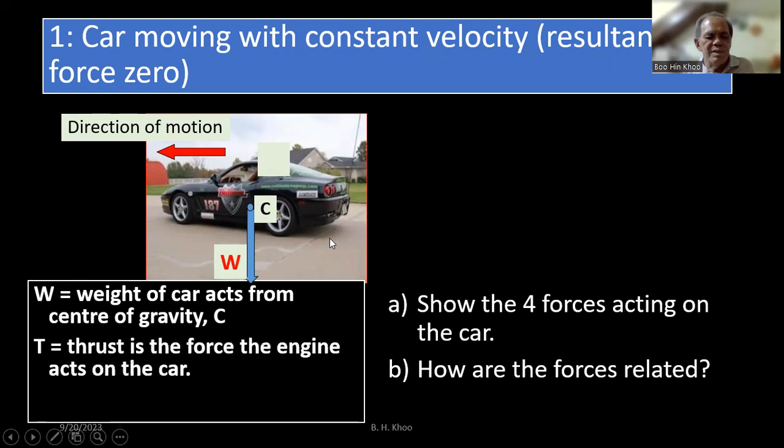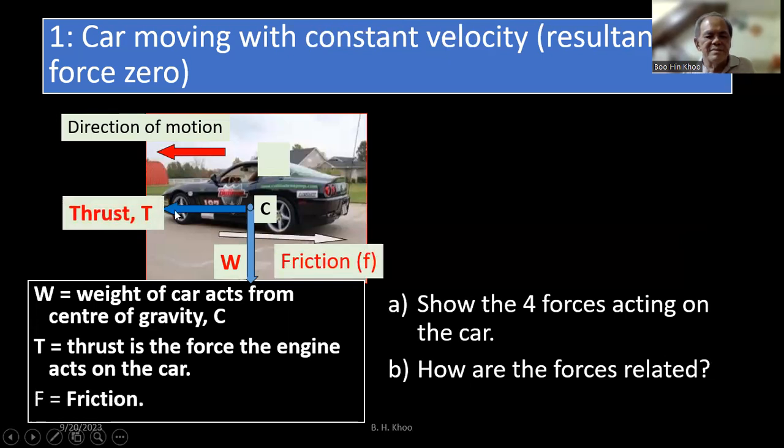W. T, thrust, is the force the engine acts on the car. So the car engine is somewhere there. So T is the thrust provided by the engine. Then there's your friction between the tire and the road.